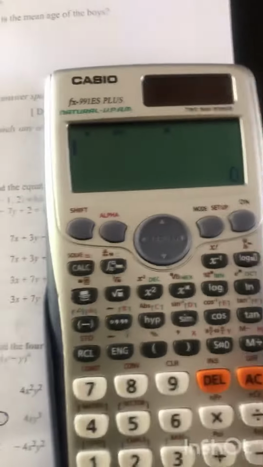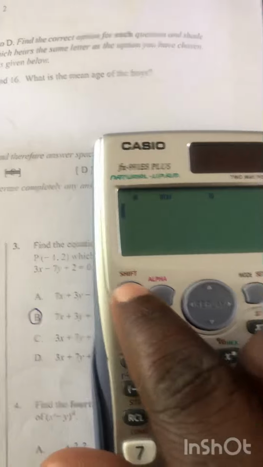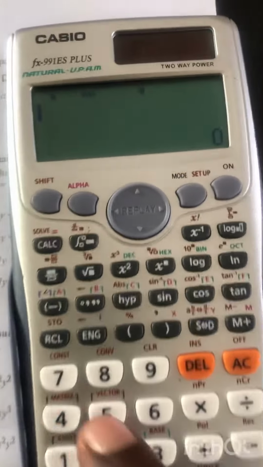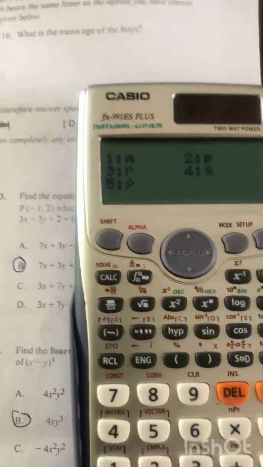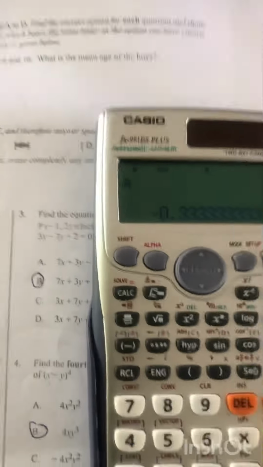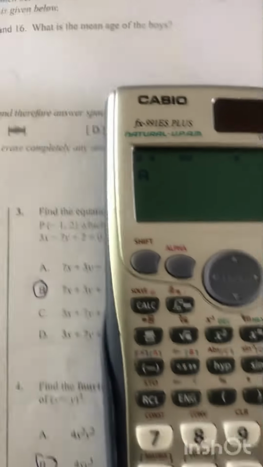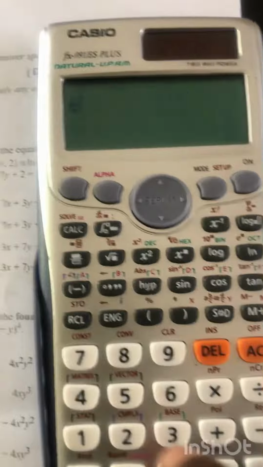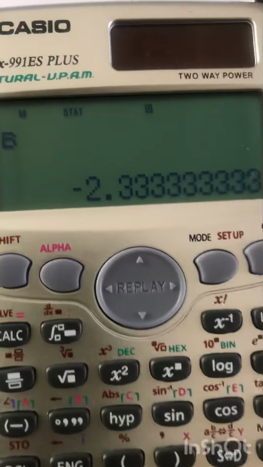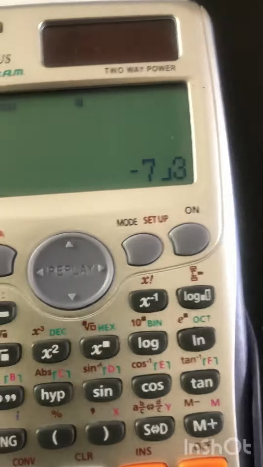Then I clear it. I want to find the equation. The equation in the calculator is a plus bx. So I press shift stat regression A. A is -1 over 3. Then I press shift stat regression, then B, and press equal to, and B will be -7 over 3.